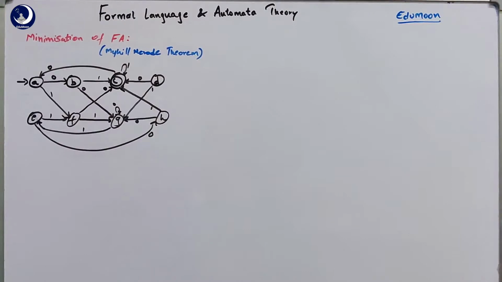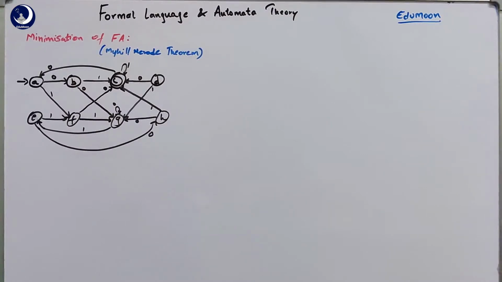Let us take an example of this machine with 8 states A, B, C, D, E, F, G, H, with input symbols 0 and 1. A is the initial state, and in the diagram C is given as the final state. So there are a total of 8 states. Now we try to reduce this using the Myhill-Nerod theorem. Let us take the transition table of this one.